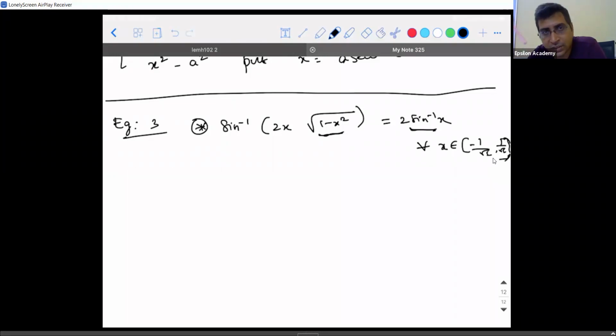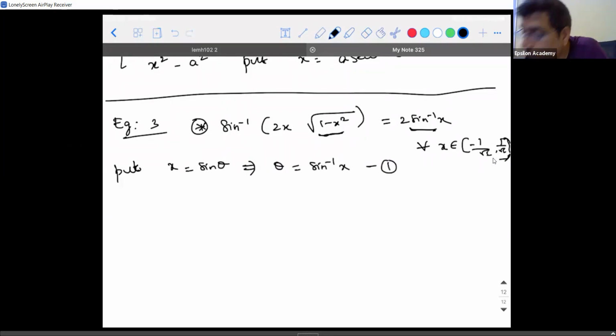So if the inverse function is sine inverse, then put x is equal to sine theta. From this, an important point is theta will be sine inverse of x, because we need to eliminate theta. Theta is what we are introducing. It should not be in the final answer.